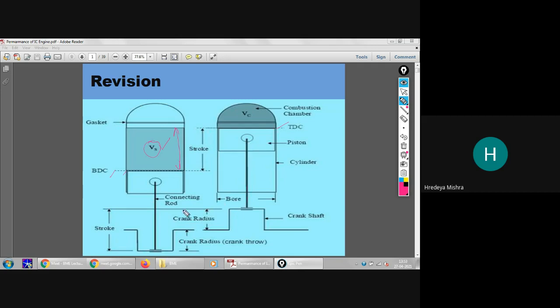This is your connecting rod, and this is the bore. The cylinder diameter is called the bore. Now this is your combustion chamber, Vc. This is called clearance volume. Vc is clearance volume.